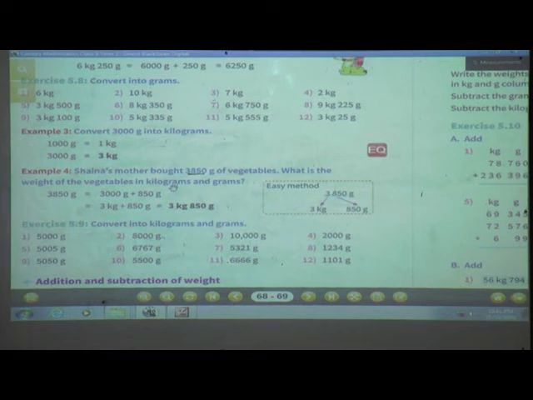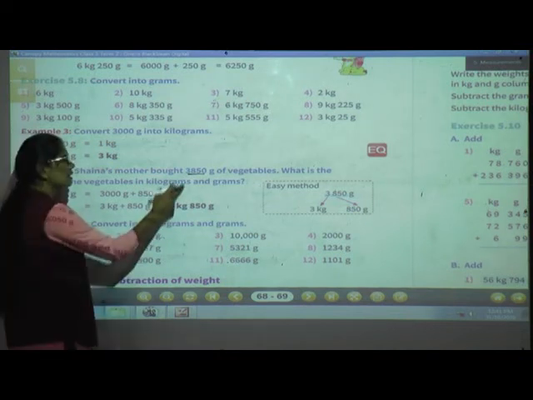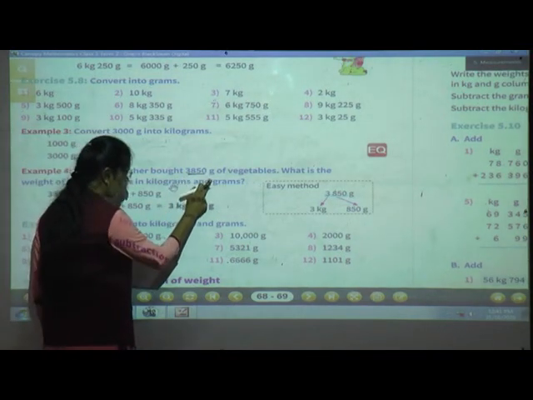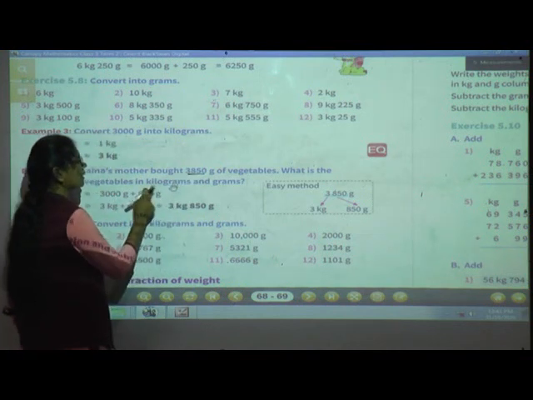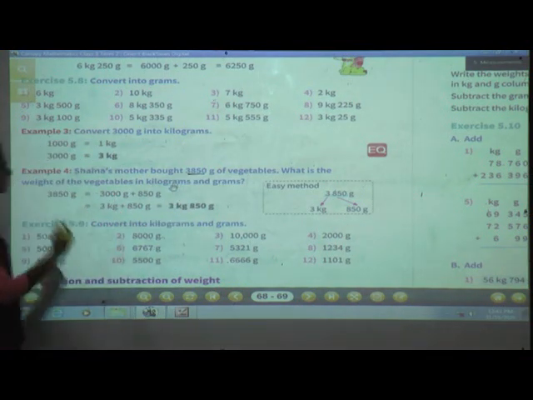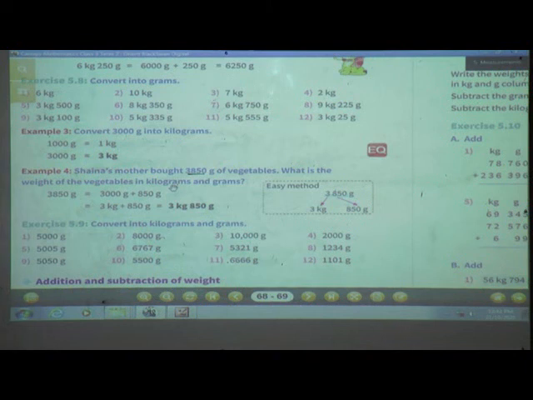That we have to convert into kilograms and grams. So how will you convert this gram into kilograms and grams?